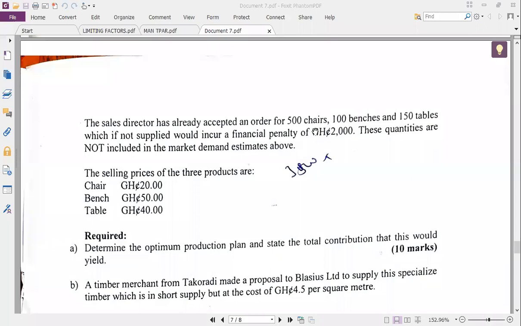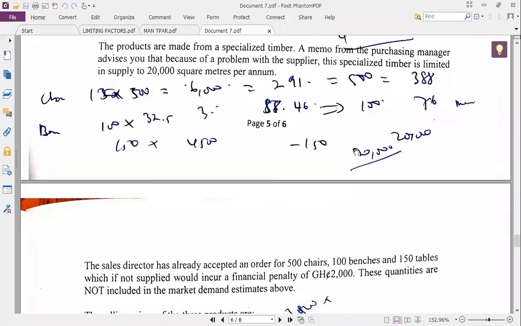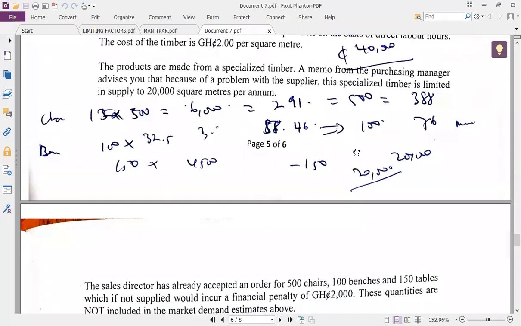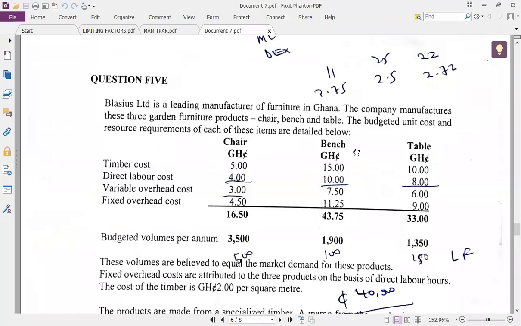Because the 100 benches for that of the sales director's order, we might not get it. Because the demand over here is 1,009 and we had only 333. So it has short by 33.